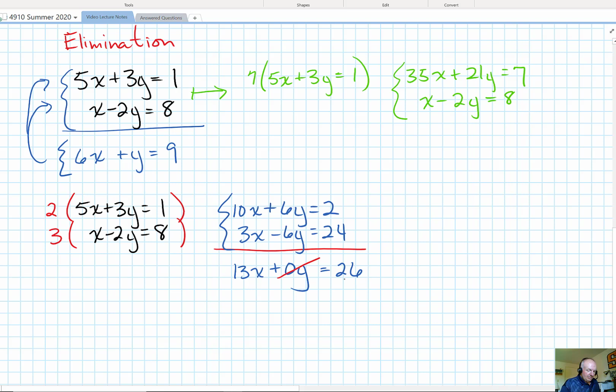And look at that equation. That equation has the same solution as the original ones. What is it? In this case, I can just immediately solve for the solution to get x equals 2.